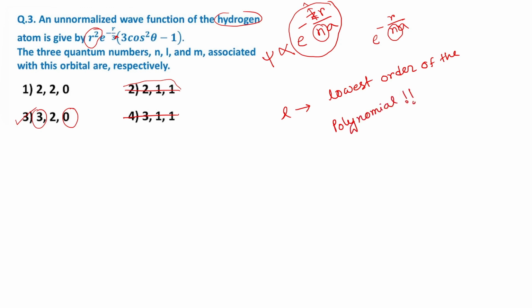You understand what I'm trying to say? So this is a polynomial of R, and the lowest order is R square. So the order is 2, and that is why your l is 2.